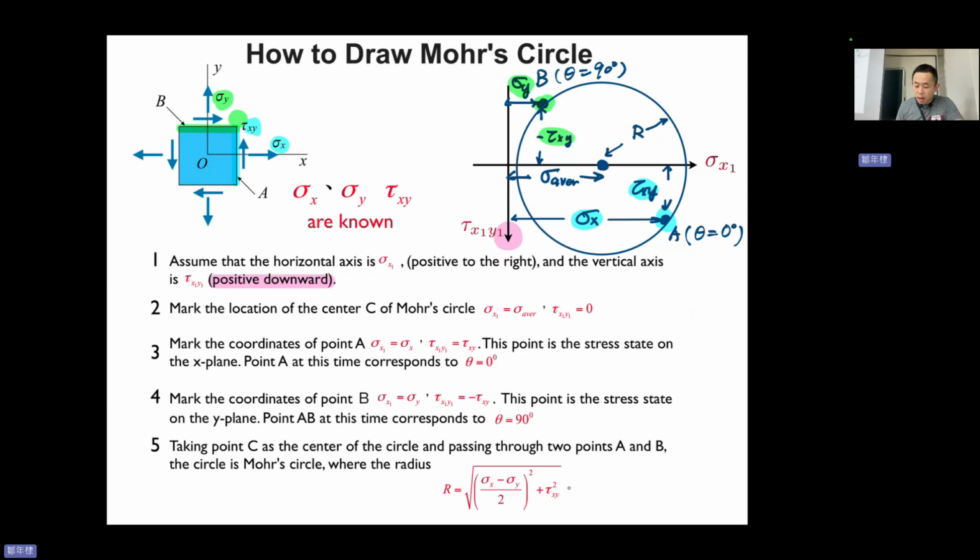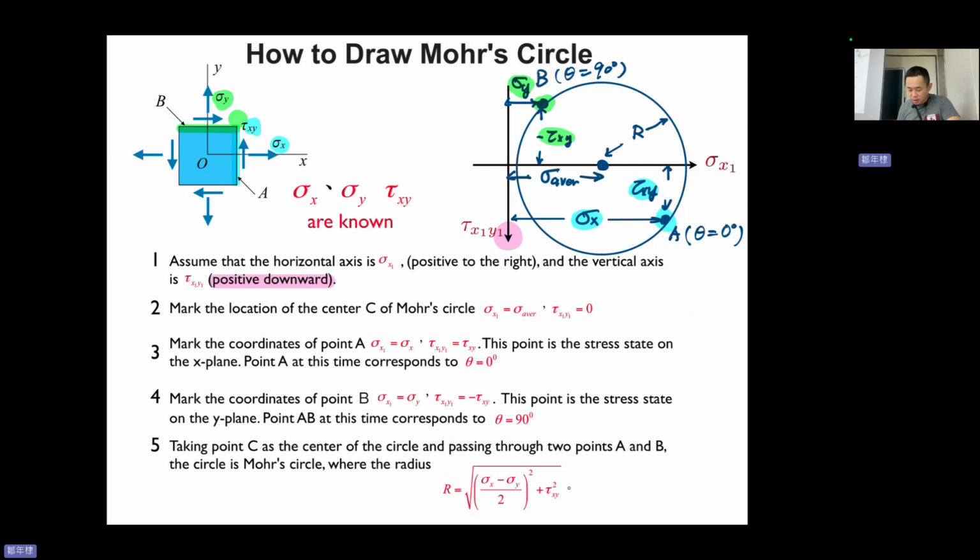And then we need to set up the center by sigma average, the average of sigma x and sigma y. Okay, so you can set the center of the Mohr's circle, and then your R is this.